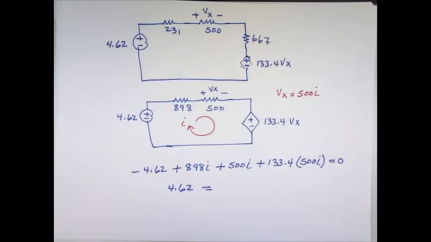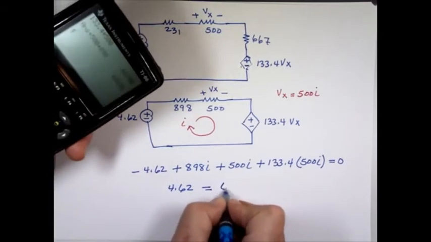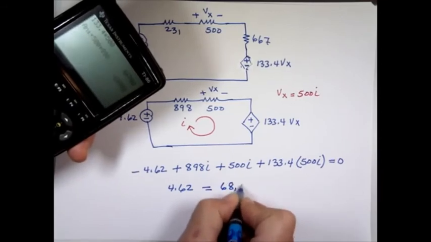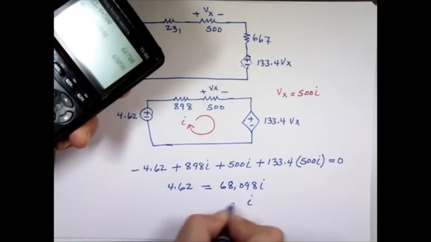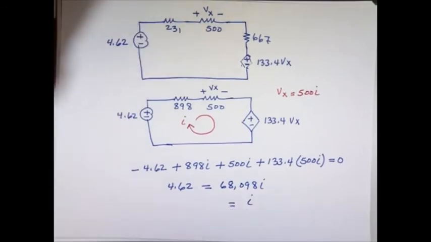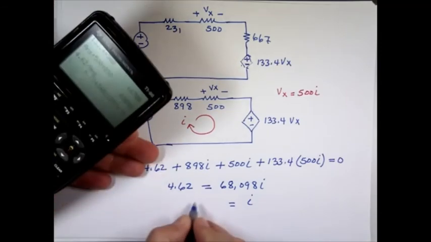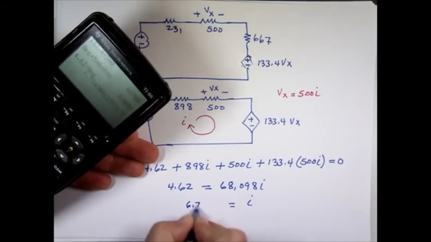And with these stupid numbers I used there, 68,098 times I. What is I equal to? 4.62 divided by that number, which is 6.78 times 10 to the negative 5.